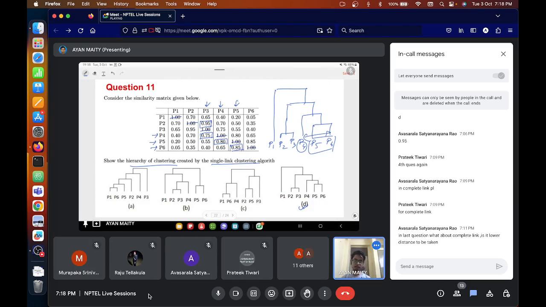So the similarity metric we use between two clusters would be the similarity between the two farthest points, or the two most dissimilar points. You can find other examples of complete link clustering on the internet also.